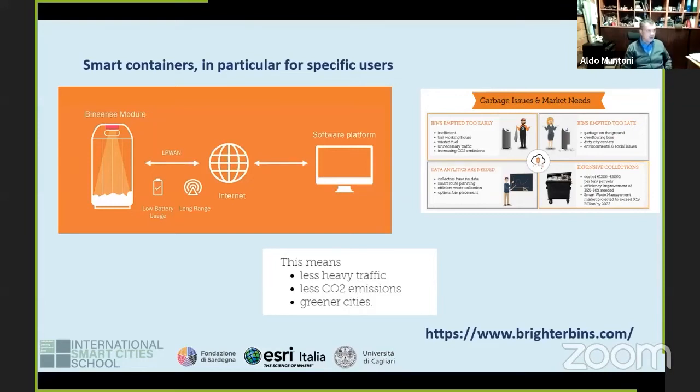And so I would like to implement in our containers at the different faculties a kind of system which is able to read the level of the waste in the container, and then through Wi-Fi send a message to the collection company that the container is ready to be collected.